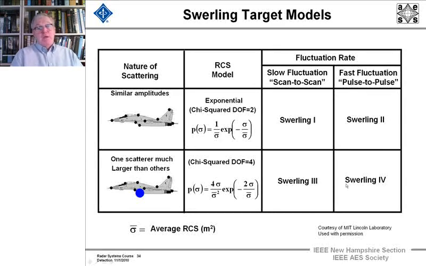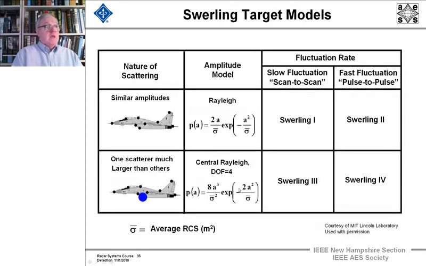And the same thing analytically goes with the Swerling 3 and 4 model when putting this probability distribution in for the target in terms of its voltage. Now when we look at the voltage, the amplitude, we get these models. The amplitude model, that is the voltage, is a Rayleigh distribution, and it has this form, where A is the voltage, the amplitude.